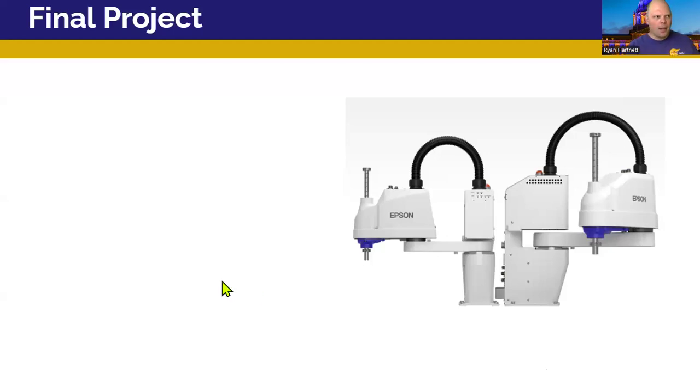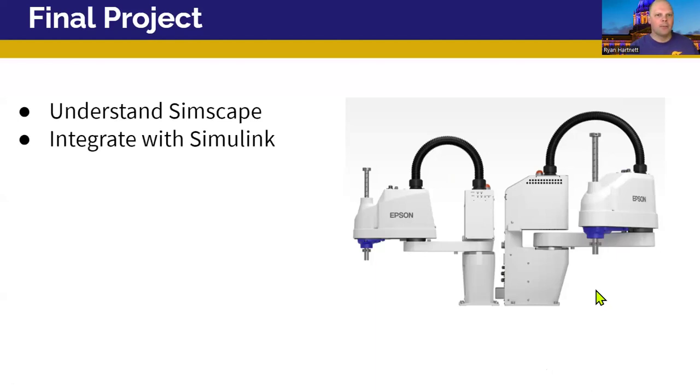To introduce our final project, we were to make a robot that is in the industry. Part of this is understanding how to use Simscape. I'll get into more details about what that is later, but basically it's a physics modeling system that we can use and then apply robotics principles to control a robot in a simulation.